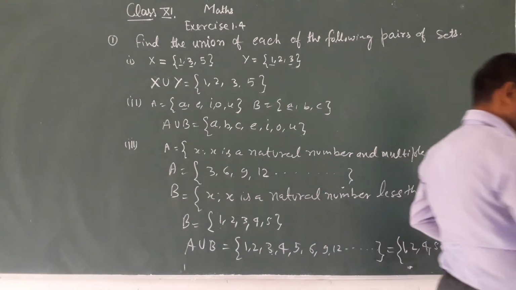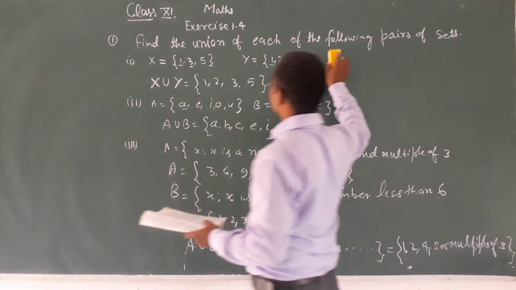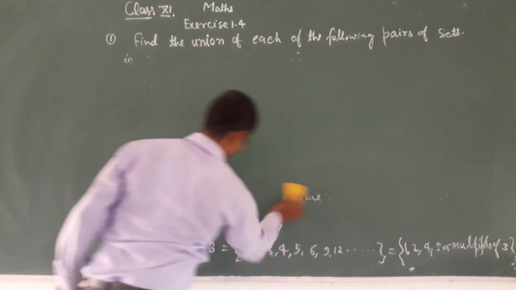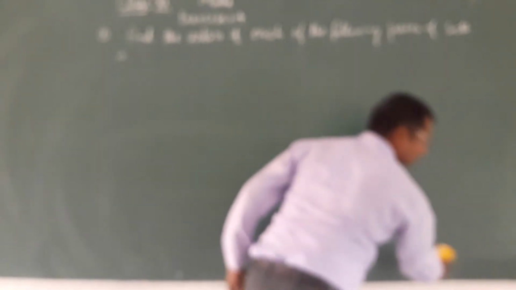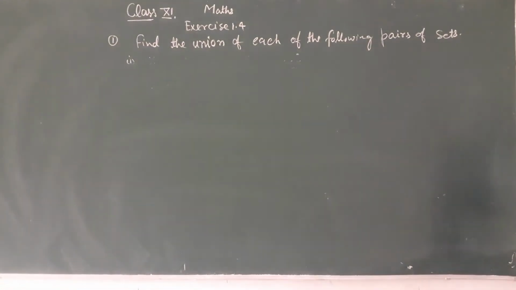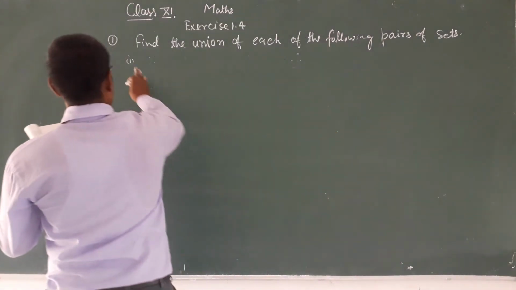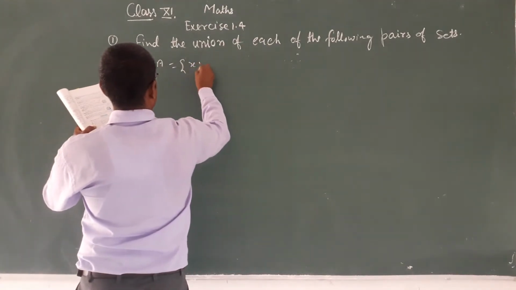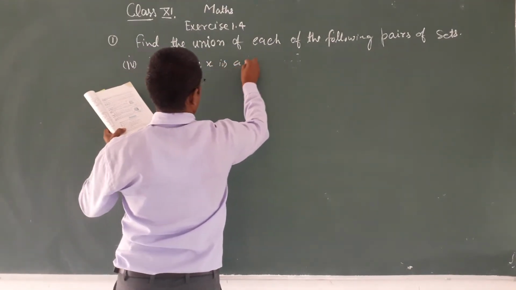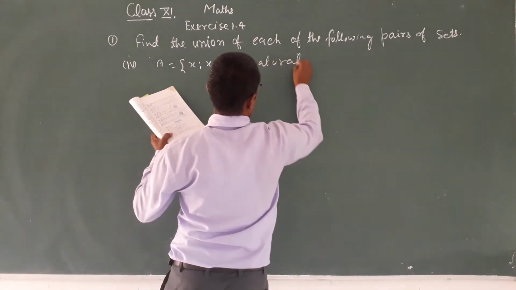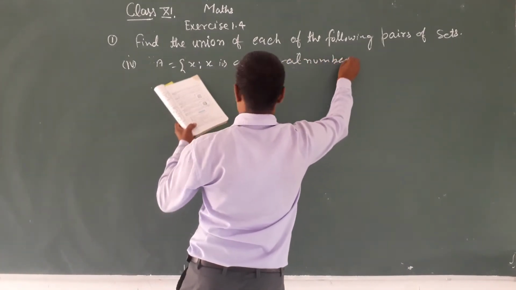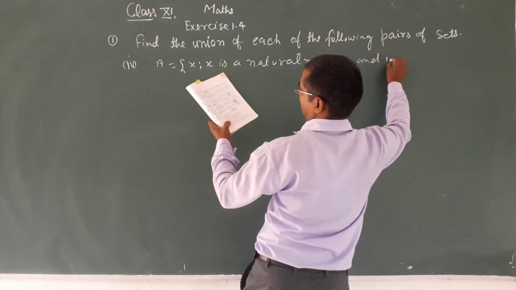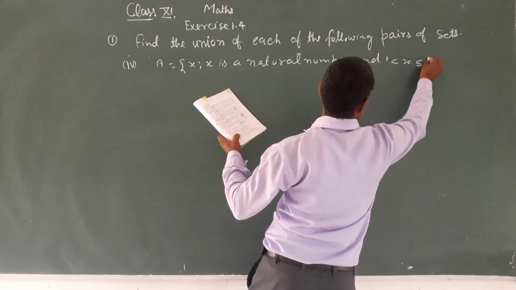And question number 4, fourth part. A is the set of x such that x is a natural number and 1 is less than x less than or equal to 6.